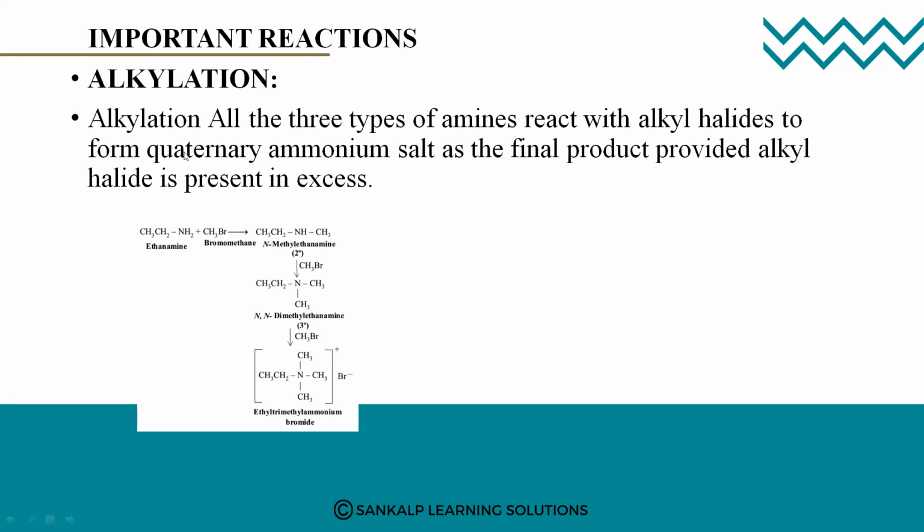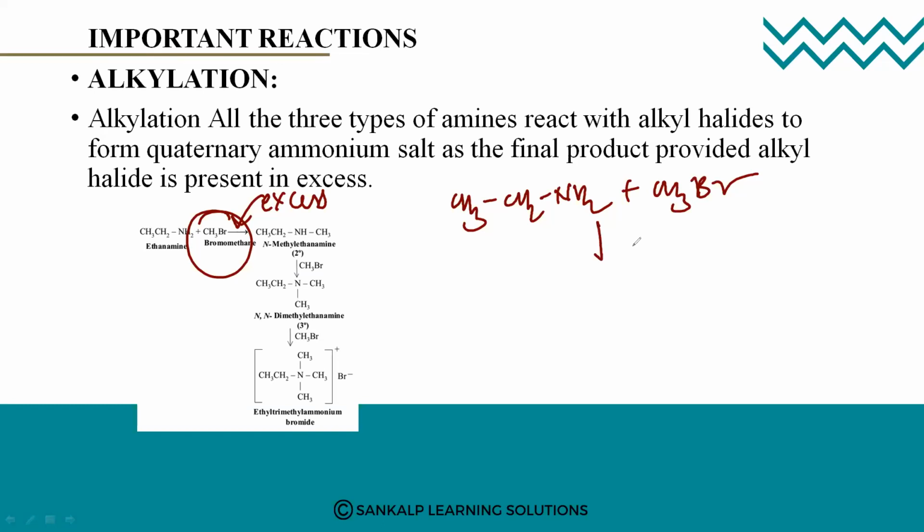So we are going to treat ethanamine plus bromomethane. The alkyl halide taken should be in excess. First, what is happening? One of the hydrogen atoms of NH2 is replaced by the methyl group from CH3Br, so this is the alkyl halide group.